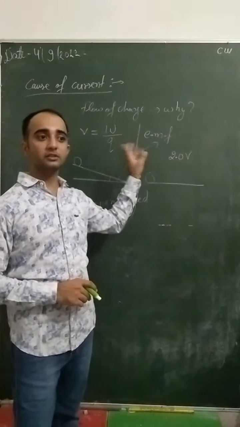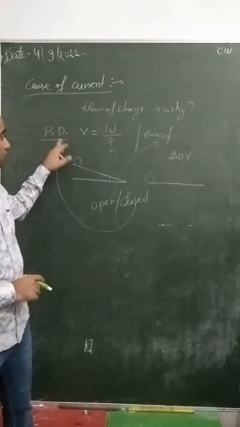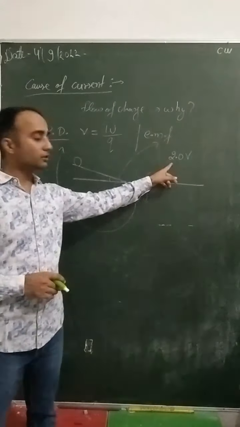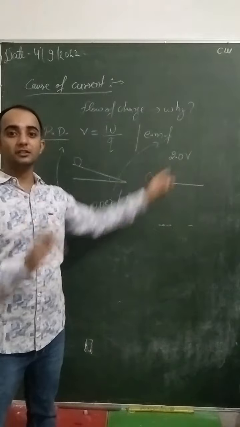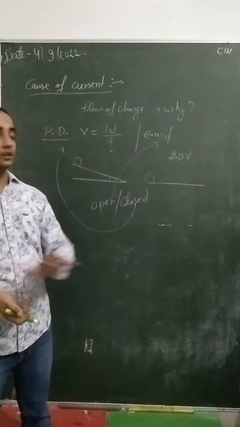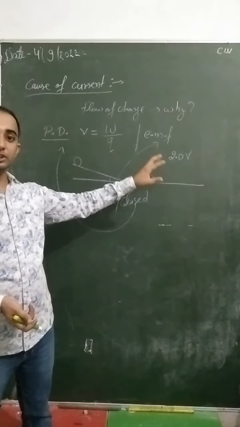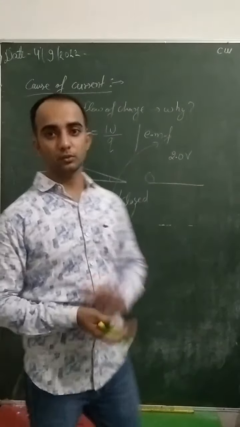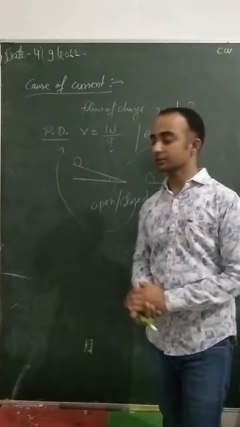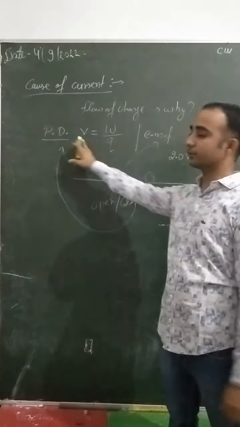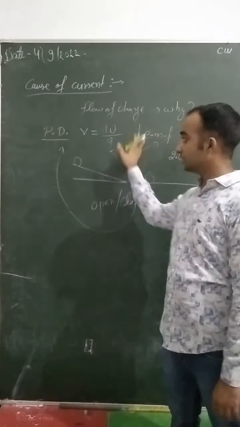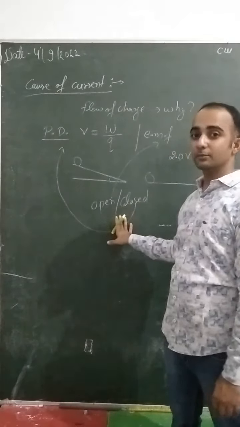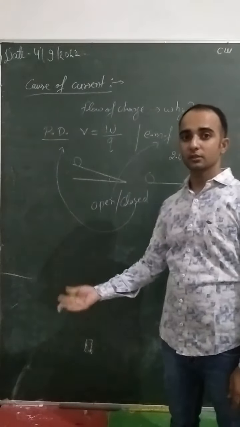And if the circuit is closed, then you will find that this value becomes less in the circuit because some potential is dropped across the wires or conductors used in the circuit combination. So potential difference is the EMF when the circuit is closed, or EMF is the potential difference when the circuit is open.